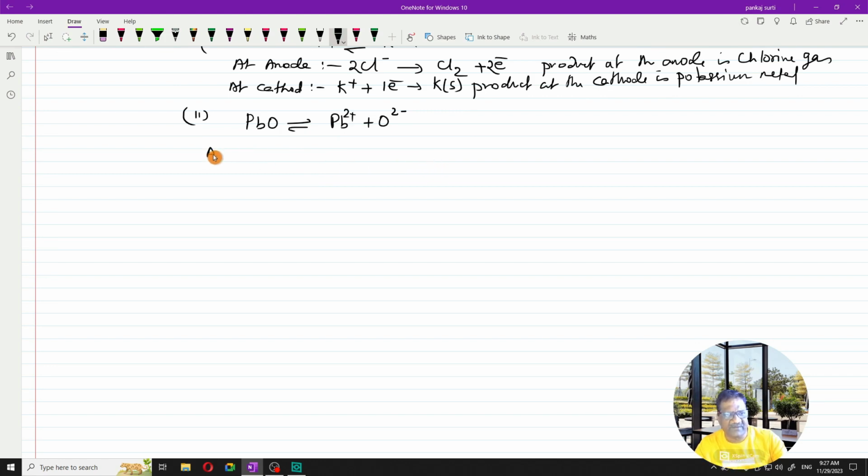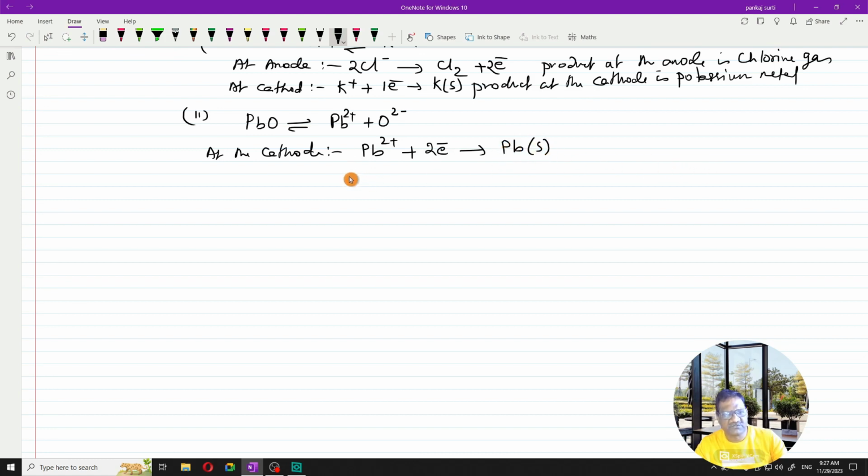Now what will happen at the cathode? The cathode being negatively charged, connected to the negative terminal, the positive lead ion will come to the cathode, take 2 electrons from it, and convert itself into solid lead metal.